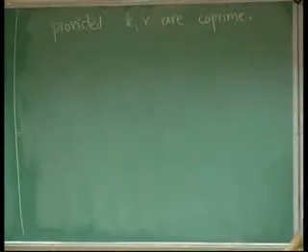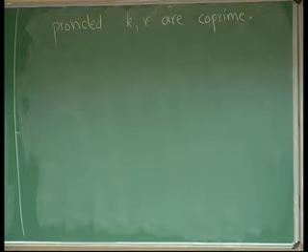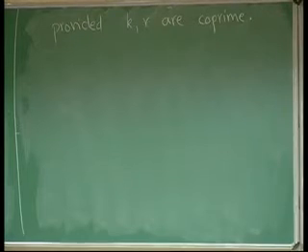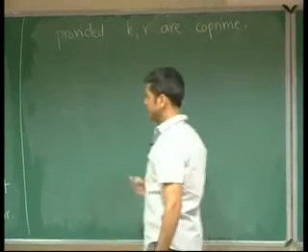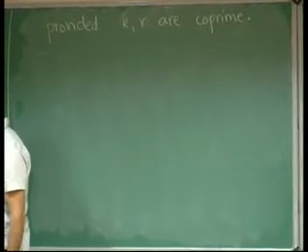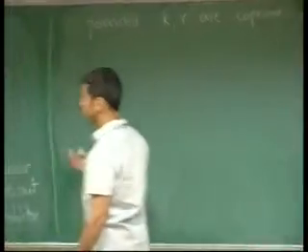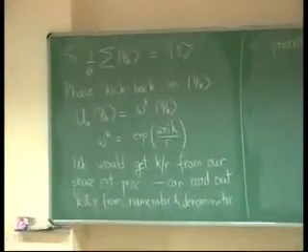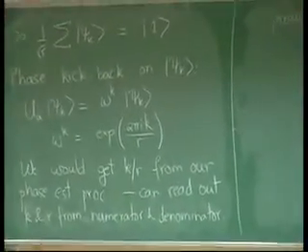Of course, if k is 2 and r is 4, then k over r will be 1 over 2, and you won't get the correct order from this. But again, most of the k's between 0 and r minus 1 are such that k and r are co-prime.